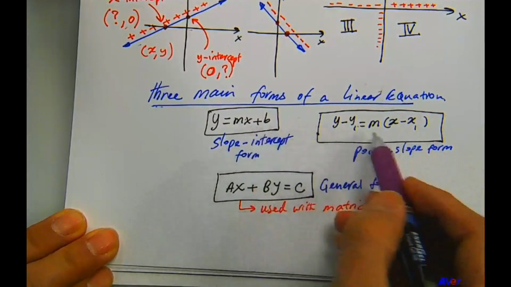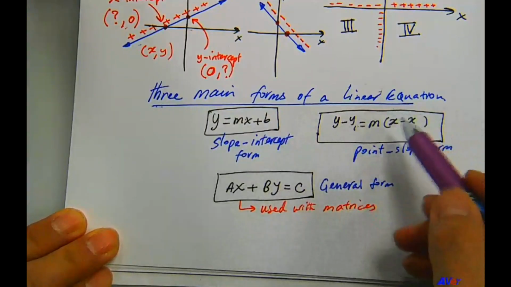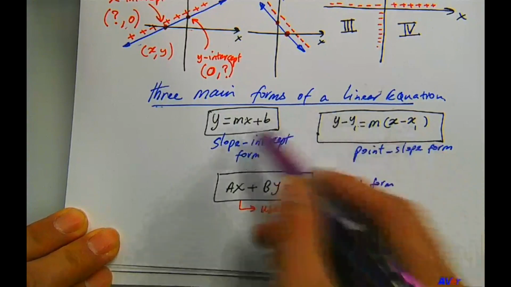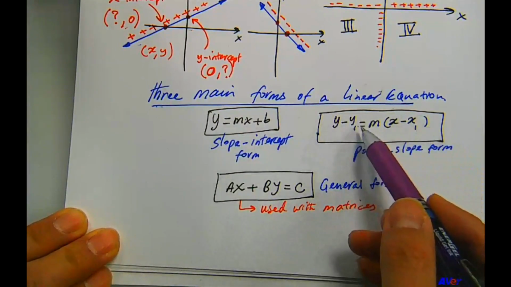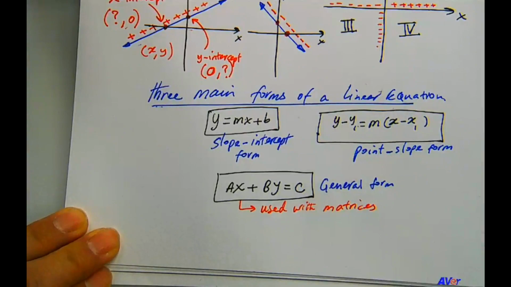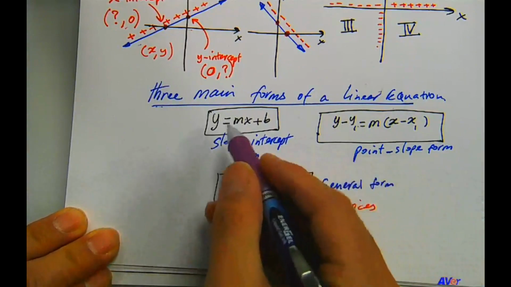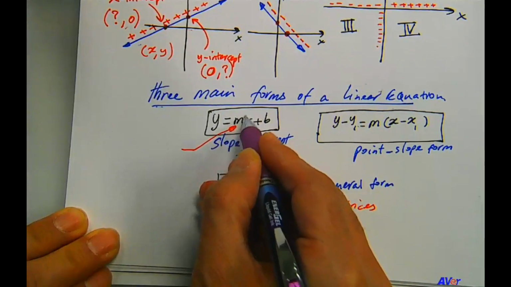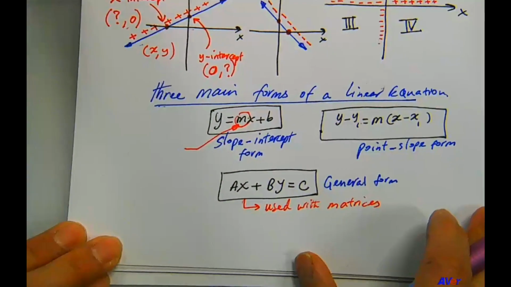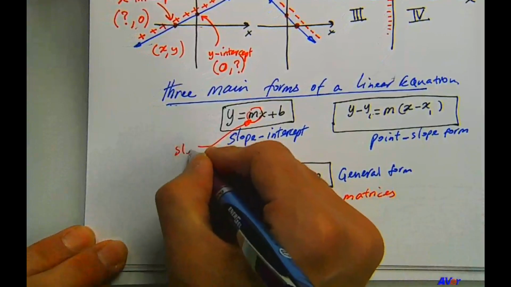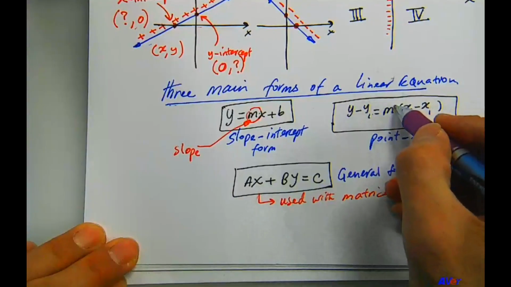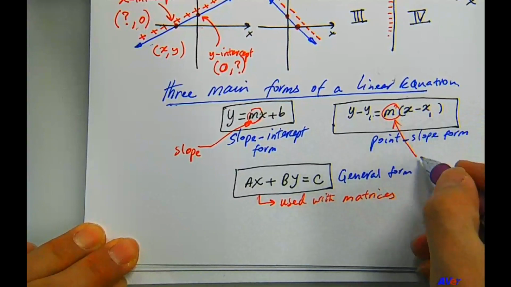And this one is used for finding, given this slope, we can use either of these two equations to find the equation of the entire line. So both of them can be applied for that. And this m, of course, is the slope. It's the usually used letter for the concept of slope.